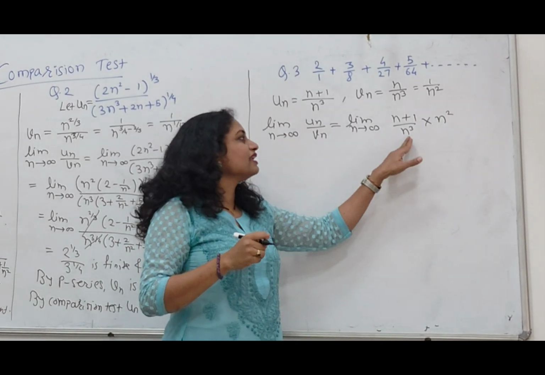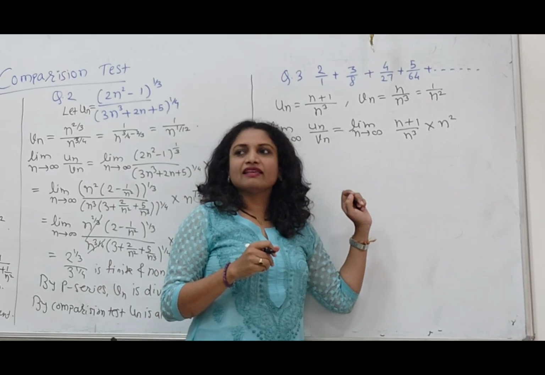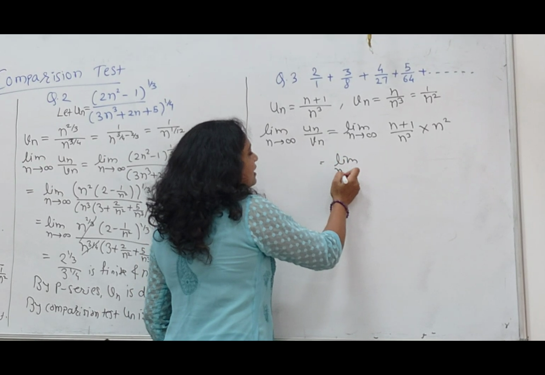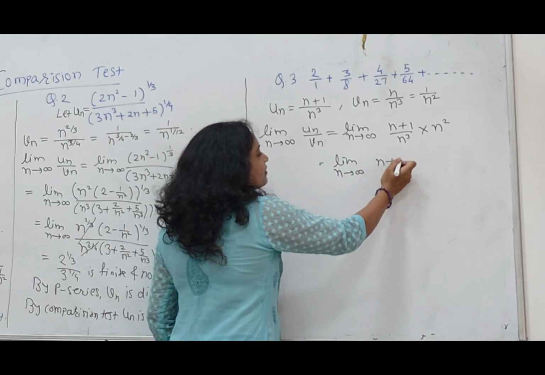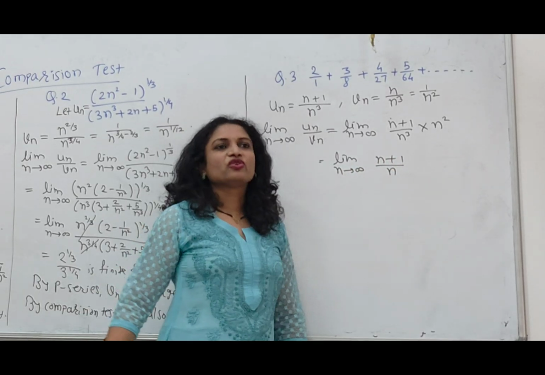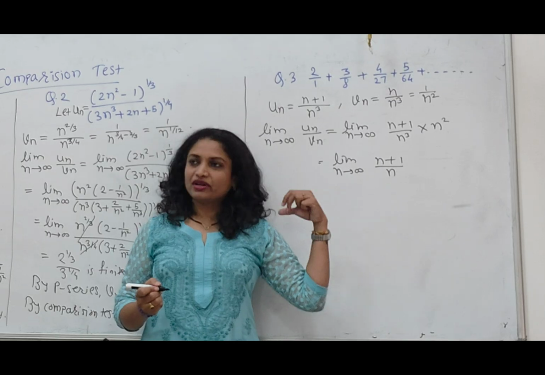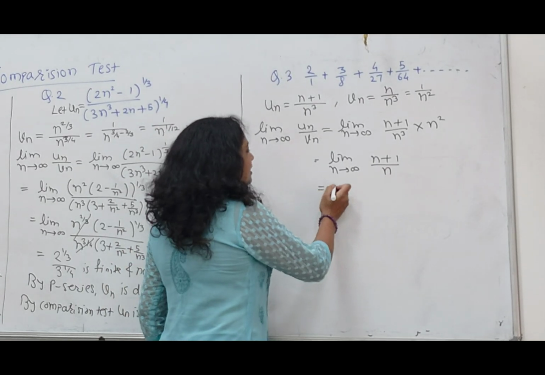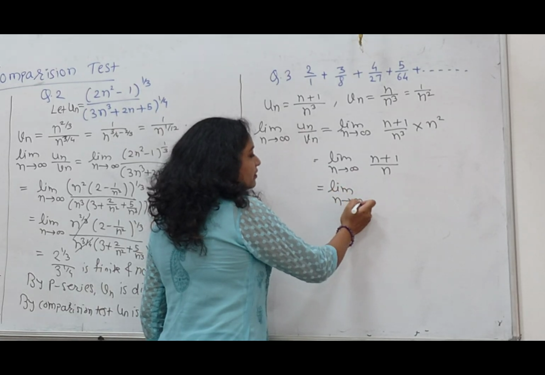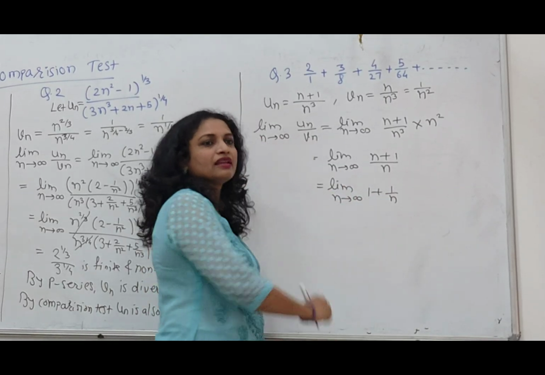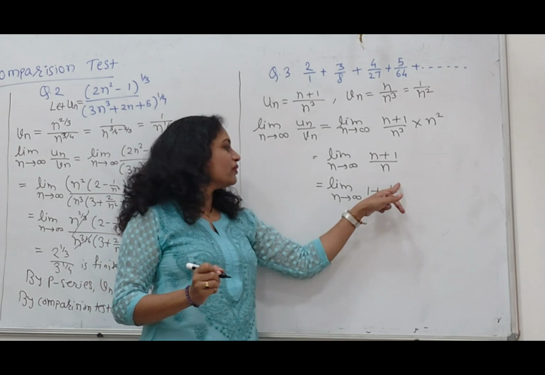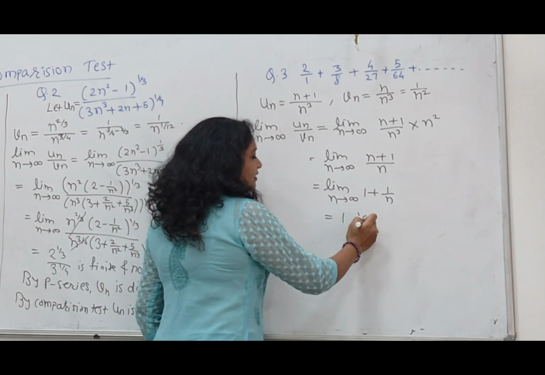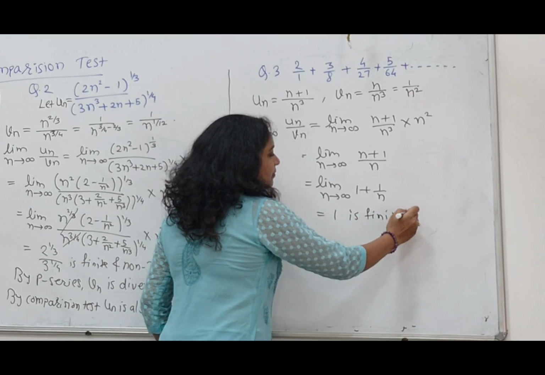This n square and n cube, n square will get cancelled. You will be left with only 1 n in the denominator. So limit of n tends to infinity n plus 1 upon n. Here either you can divide numerator and denominator by n, or you can separate the denominator. So if you are separating the denominator, this is limit of n tends to infinity 1 plus 1 upon n. Put the limits here. 1 upon infinity is 0. So 1 plus 0, 1, which is finite and non-zero.